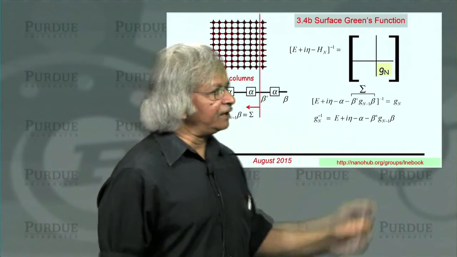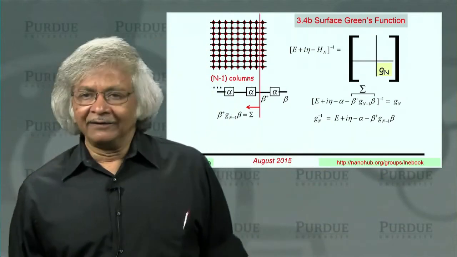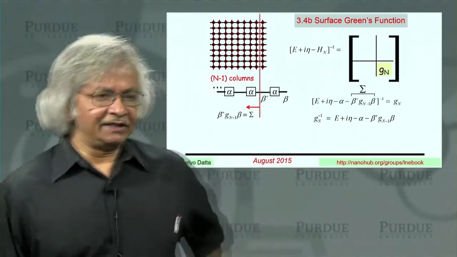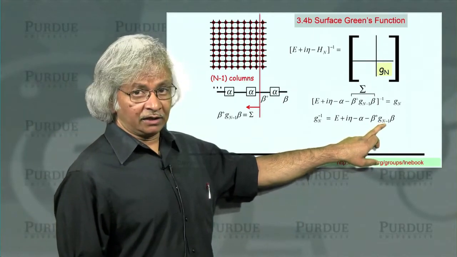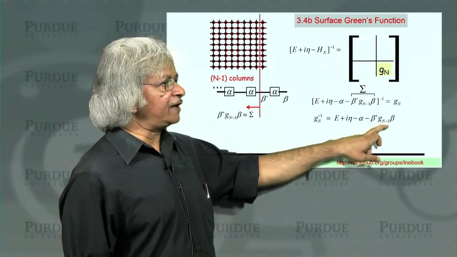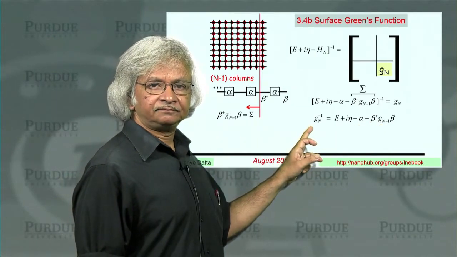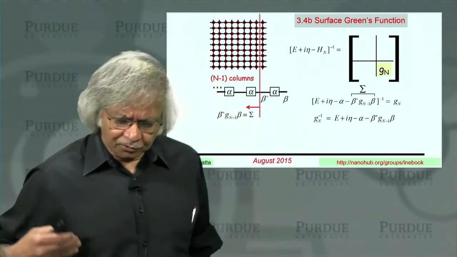So what you have here is a recursion relation, in the sense that if you know the surface Green's function for n minus 1 columns, you could use this to find what it is for n columns. And so this is a process you could do recursively.